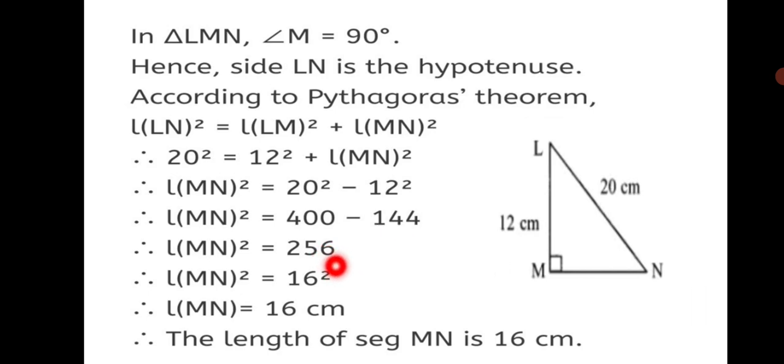We know that 256 is the square of 16. So length MN square is equal to 16 square. Taking the square root, we find that length MN is equal to 16 centimeter. Therefore, the length of seg MN is 16 centimeter.